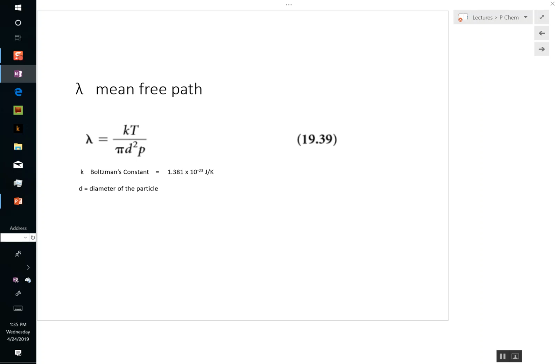The mean free path: what's the average distance that these gas molecules travel before they collide with something? How far are they moving before they actually hit another particle?